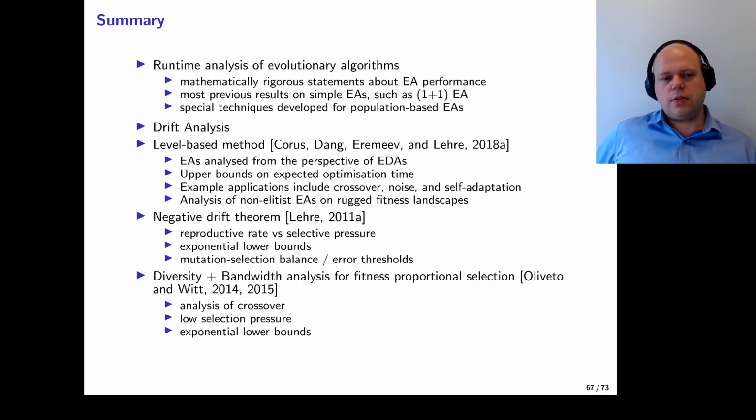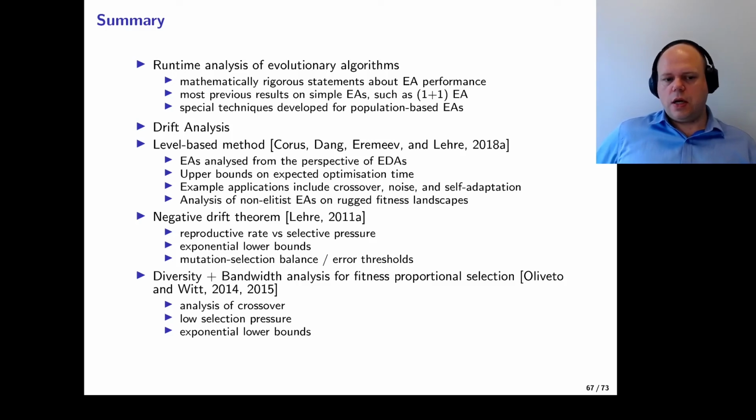Then we looked at trying to see what is the limit of these non-elitist evolutionary algorithms for very complex problems. So we looked at a very broad class of fitness functions that involved ruggedness, and we saw under what circumstances non-elitist algorithms can be efficient in rugged fitness landscapes. Then we introduced a negative drift theorem.